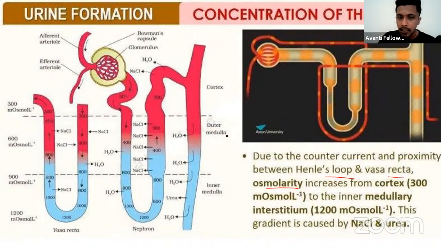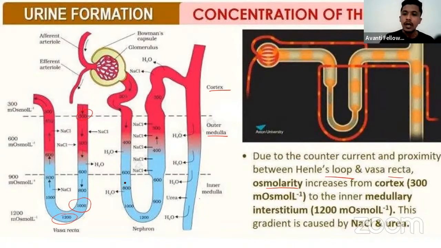If you compare the medullary region of the kidney and the cortical region, as you move from the cortical region to the medullary region, the osmolarity tends to increase. You can see here it increases from 300 to 1000, 1200, correct? This increase in osmolarity takes place because of the proximal arrangement of the vasa recta as well as the loop of Henle.